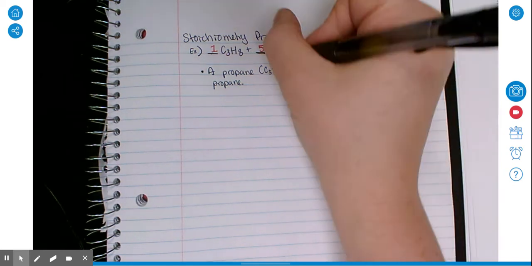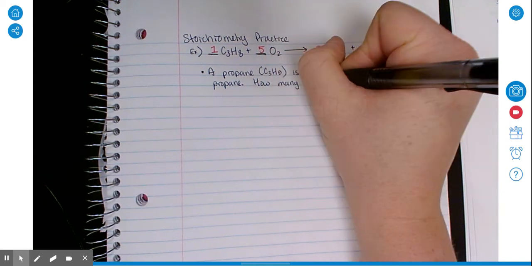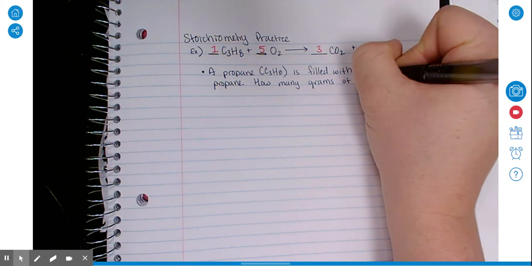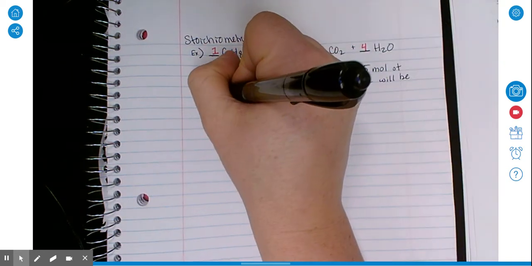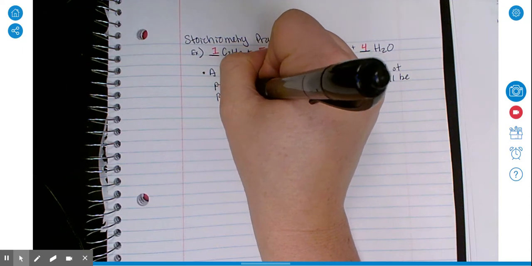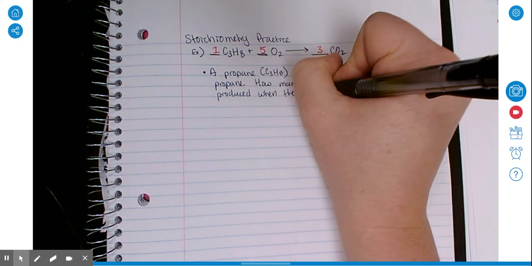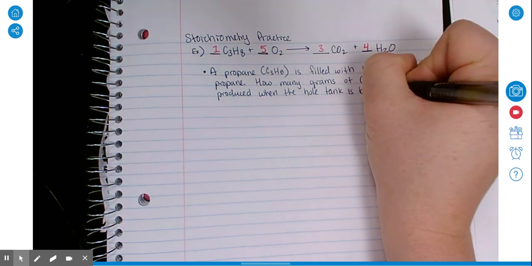How many grams of CO2 will be produced when the whole tank is burned?